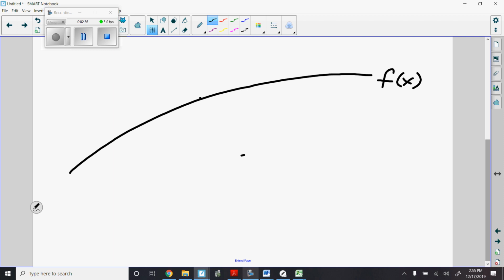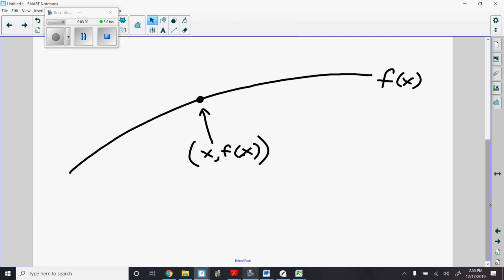We focus on one point here. This right here is a known point, x comma f of x. Maybe it's the point 3,5, maybe it's the point whatever. Now if we sketch a tangent line, I'll use a different color for the tangent line, I'll use red.